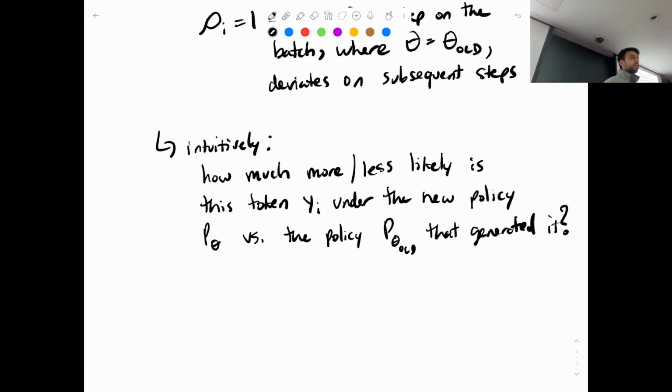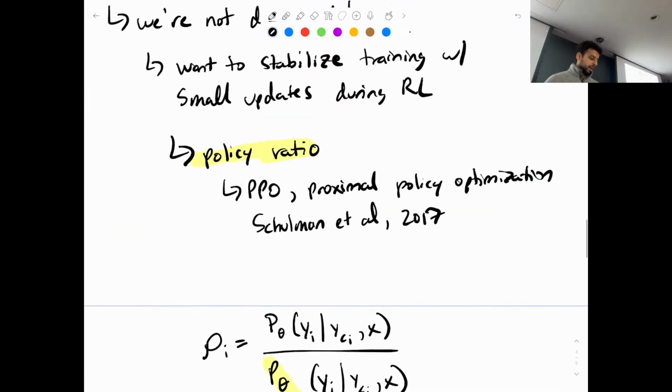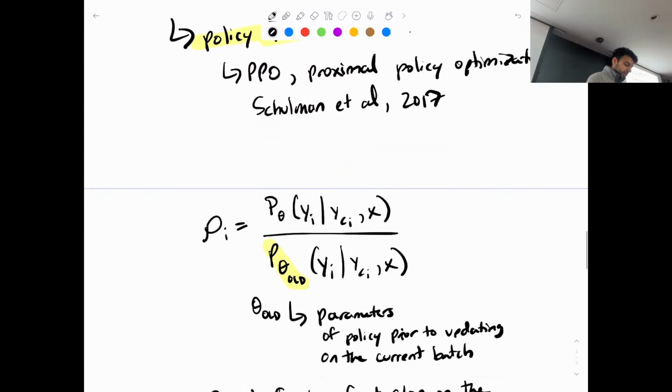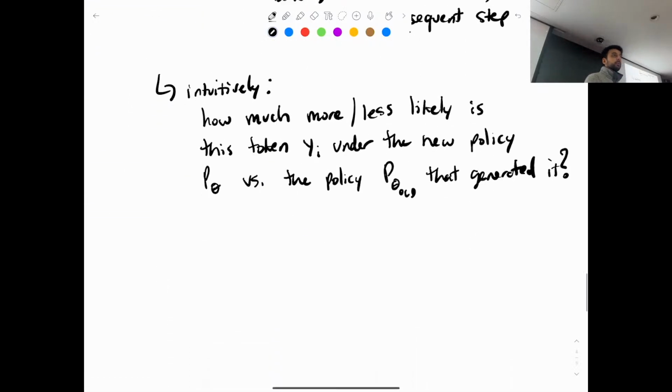Yeah. So how does this differ from the KL penalty? So remember, the KL penalty is strictly applied on the SFT model. And also, as we'll see, the way that this is used is very different than the KL penalty. It's used to control how much we increase or decrease the probability of a token at any given time step.